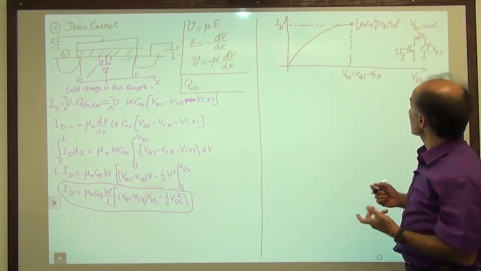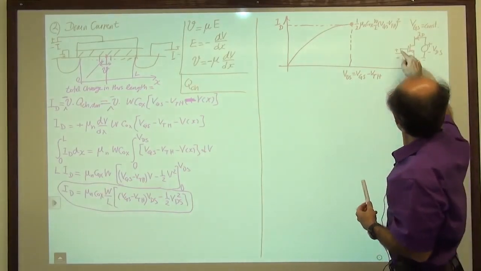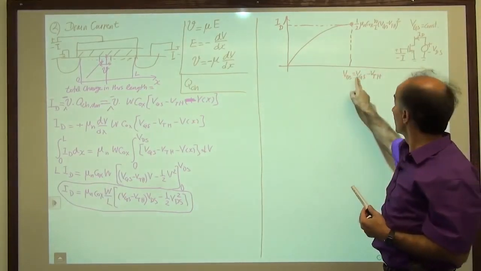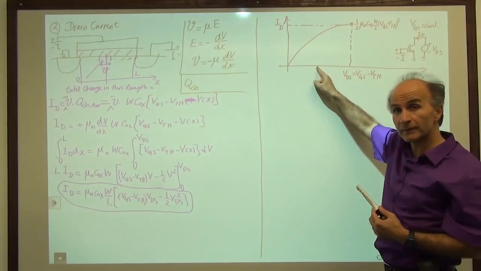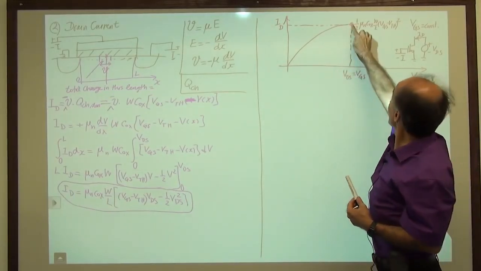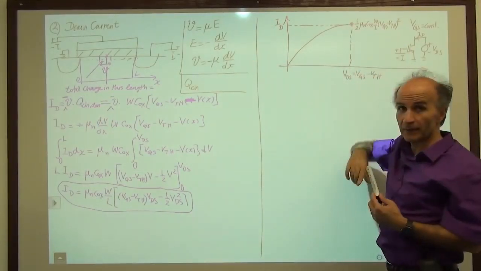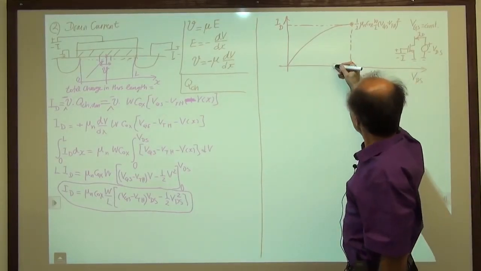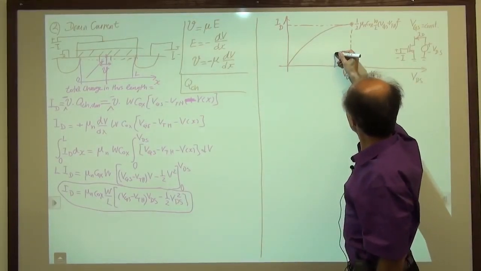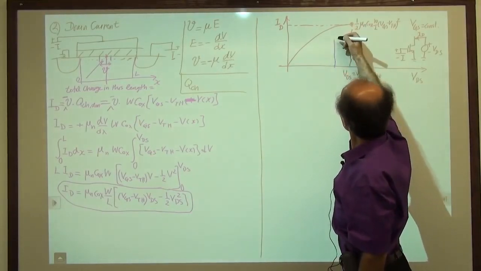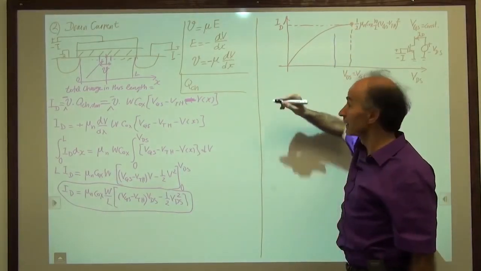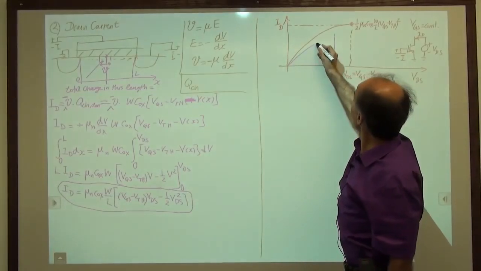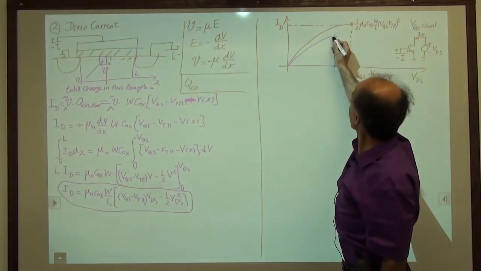Well, we just follow and see what happens. If VGS is less, two things happen. This point goes to the left, and this height also decreases. So the new plot for lesser VGS should be like this. It reaches a peak around here, and the maximum is lower than that. So it will be another parabola that reaches a maximum here.